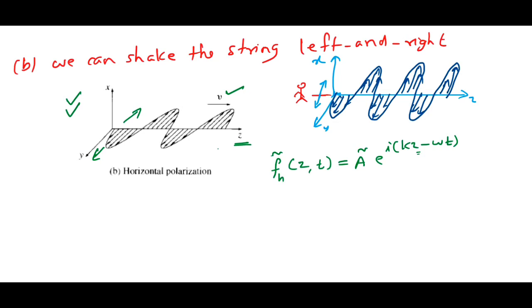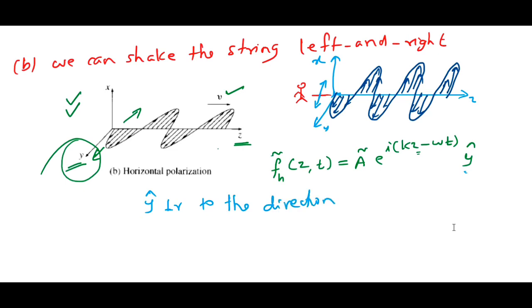Direction of the vibration is along this y direction. Therefore, we can write this with a y cap. Here it is clear that the direction of polarization y is perpendicular to the z direction. That is, y is perpendicular to the direction of propagation of the wave.